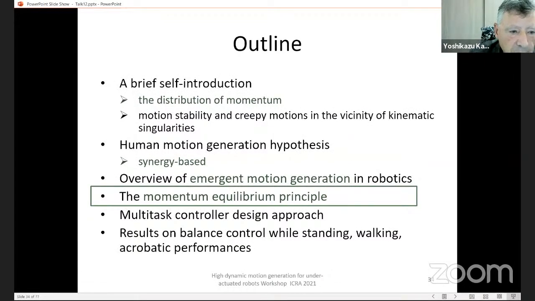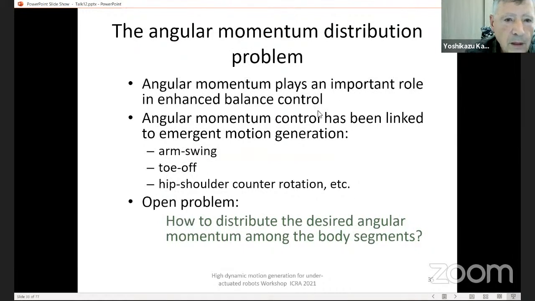Okay, so let me go on with the momentum equilibrium principle. Now, I think that everybody would agree that angular momentum plays an important role in enhanced balance control. I went very fast through this overview of the emergent motion generation, but there was arm swinging, emergent toe off, and also hip shoulder counter rotation.